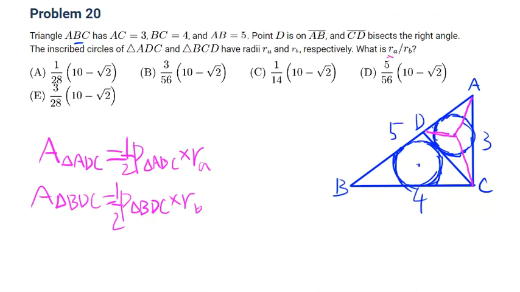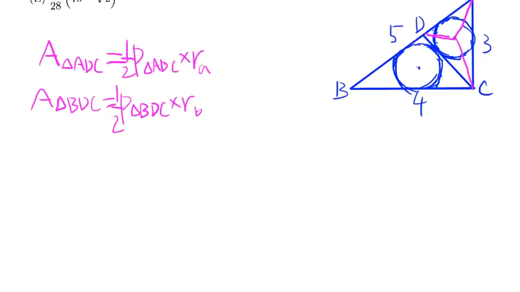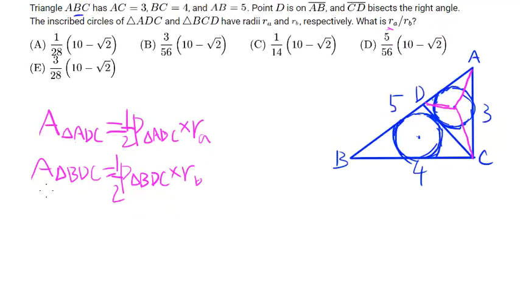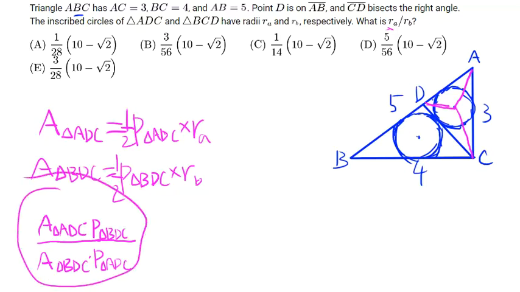So of course, according to this, RA divided by RB is equal to the area of ABC times the perimeter of BDC, over the area of BDC times the perimeter of ABC. This is the answer we're looking for, guys.